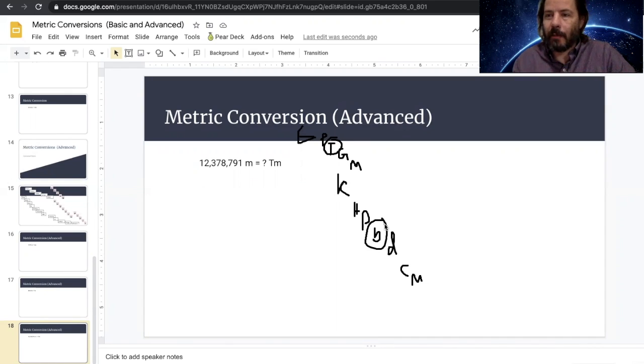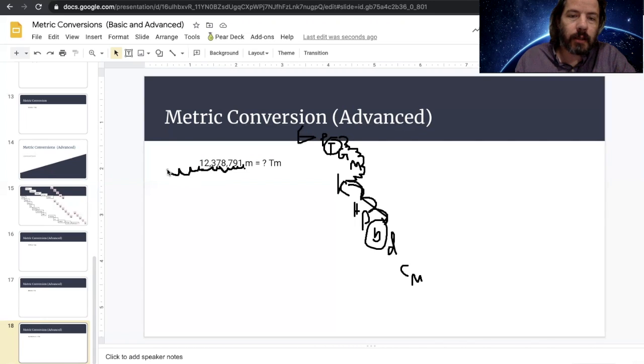So that's going to be a lot of zeros. 1, 2, 3. Yeah, that was horrible. 1, 2, 3, 4, 5, 6, 7, 8, 9, 10, 11, 12. Ooh, 12 decimal places. And we're going to the left, so we got to move our decimal to the left. 1, 2, 3, 4, 5, 6, 7, 8, 9, 10, 11, 12.